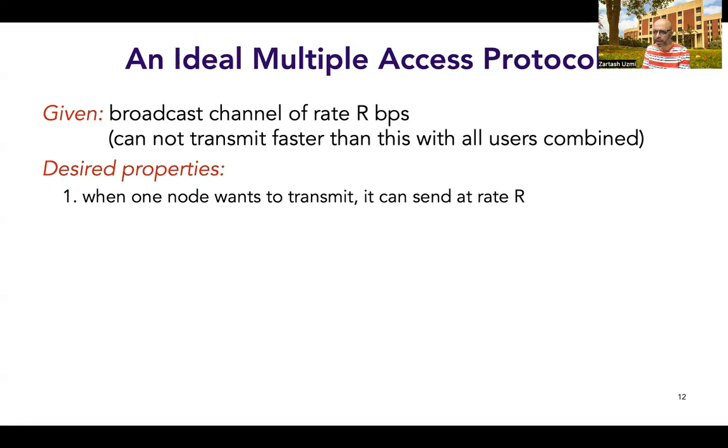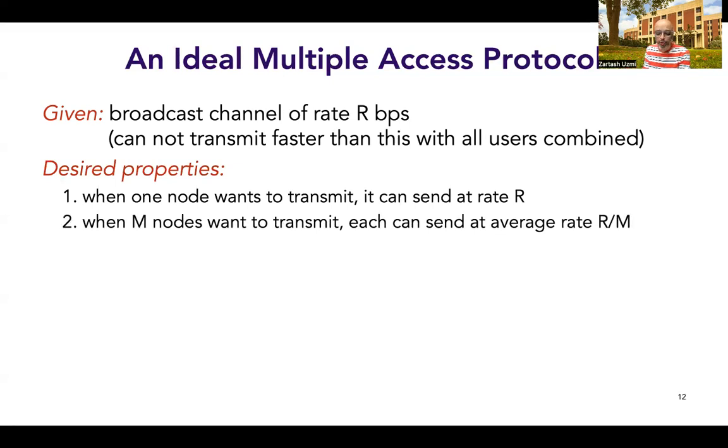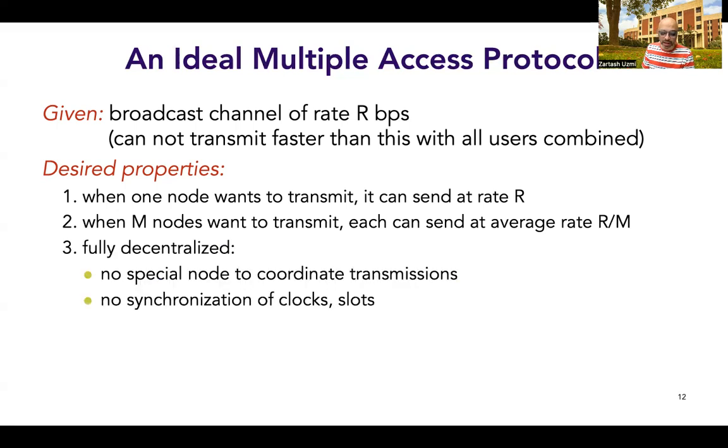Three guys should be R by 3, R by 3. And if M nodes want to transmit, each one can send at an average rate of R by M. So we want to be fair. We want everyone to be able to transmit. So what the second point is dictating is that there is a fairness here, also dictating that the sum of the rates of individual nodes will not exceed R.